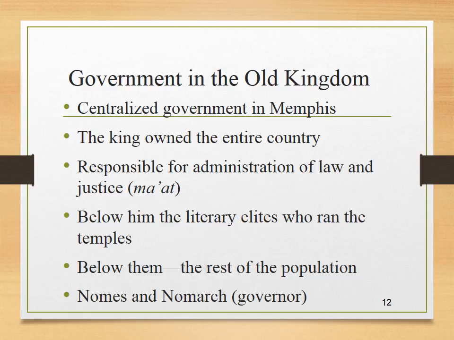Now in Egypt, these smaller parts or states are called nomes. And the person who is put in charge of a nome is a nomarch. So you can think of a nomarch as a governor. So nome is a state, nomarch is a governor. And this is a convenient way to divide up power in a country. As I said, we do it ourselves, but it also can lead to problems.